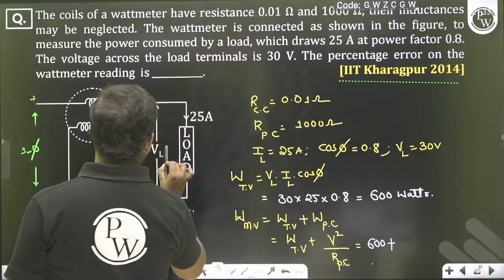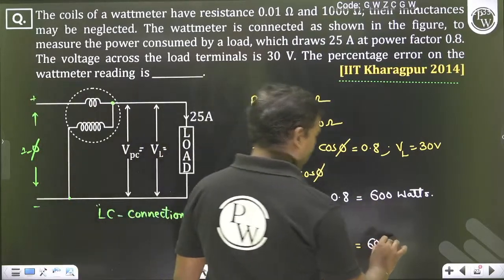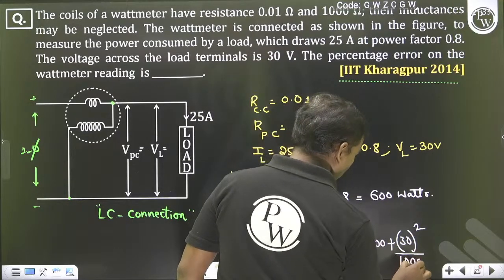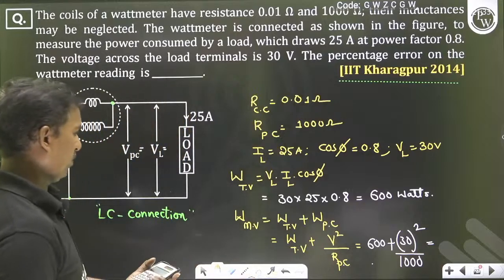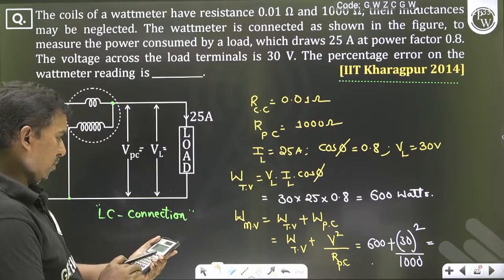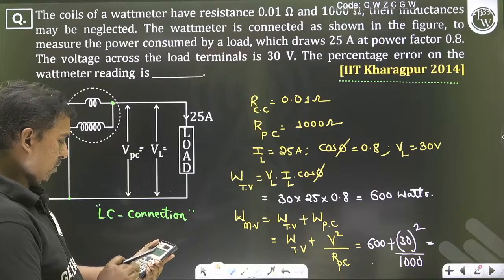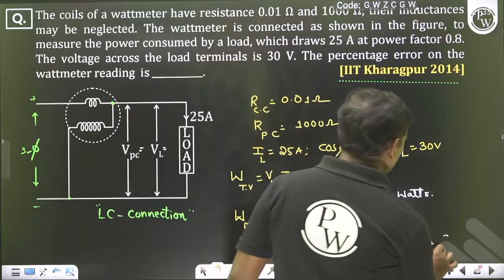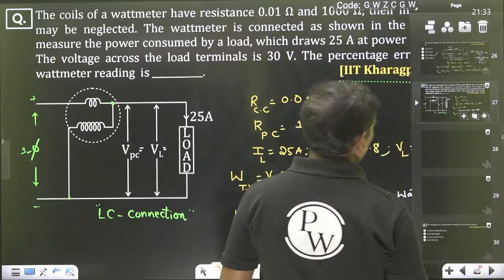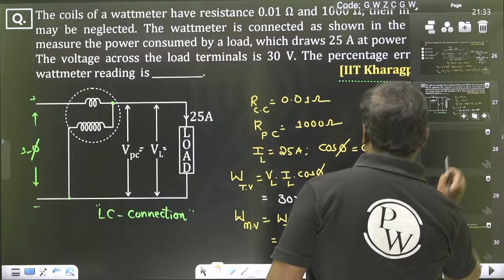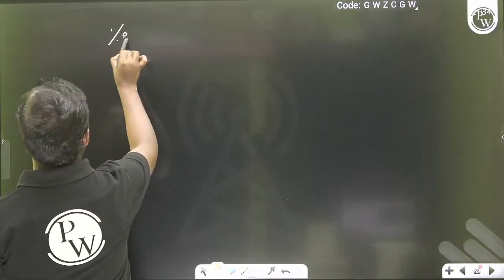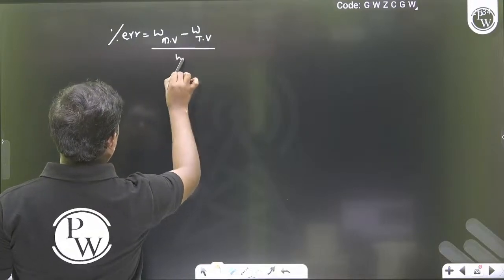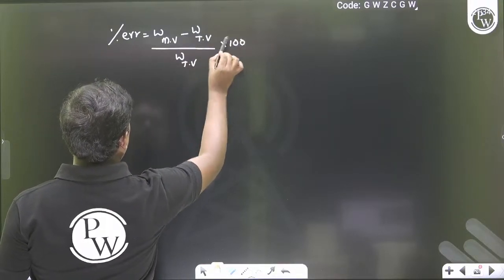30 volts. 600.9. तो नाउ आप परसेंटेज कैलकुलेट कर सकते. परसेंटेज इज इक्वल टू मेजरमेंट वैल्यू माइनस ट्रू वैल्यू बाई ट्रू वैल्यू इनटू 100.